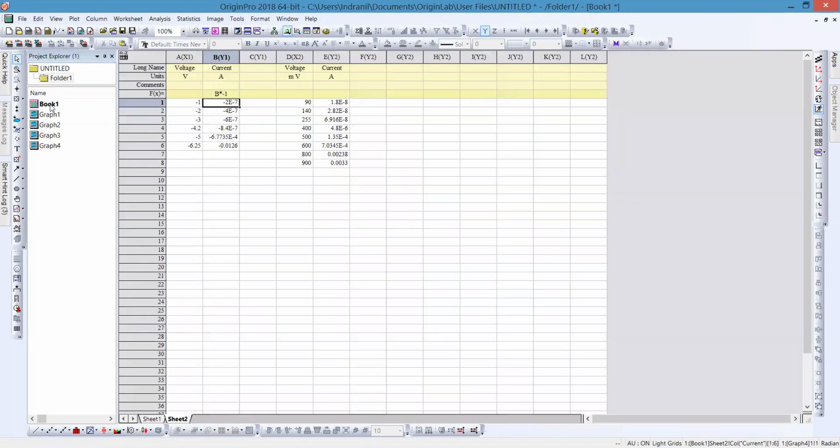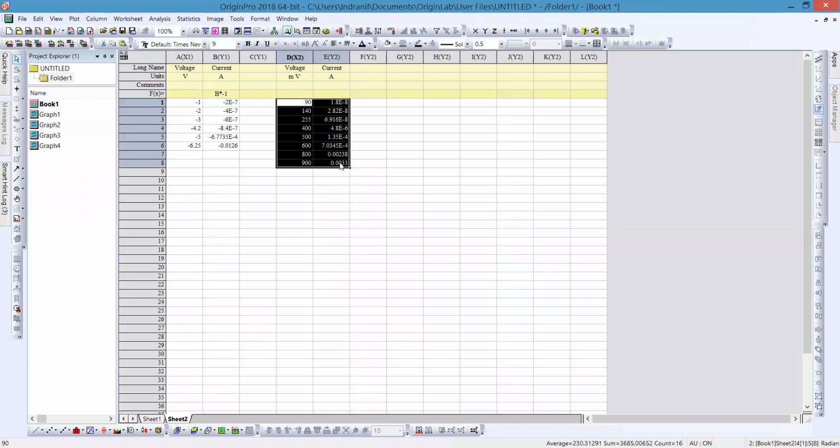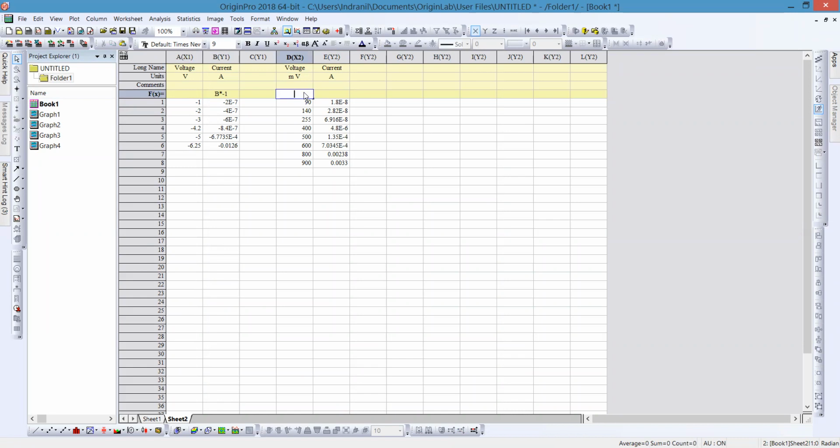Okay. So now if we want to put them together, then this voltage should be in volts, the scale should be the same, right? So then we have to divide it by 1000, then the data is good.